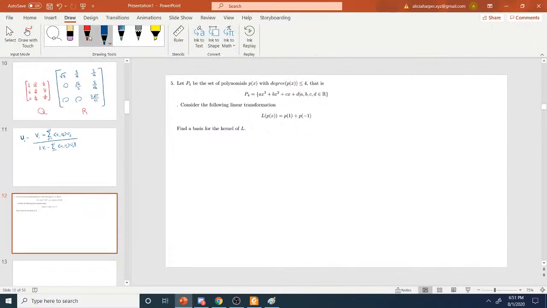And as I corrected during the exam, this is less than. So let's see, how do we approach this? Well, a basis for P4 is x cubed, x squared, x and 1.